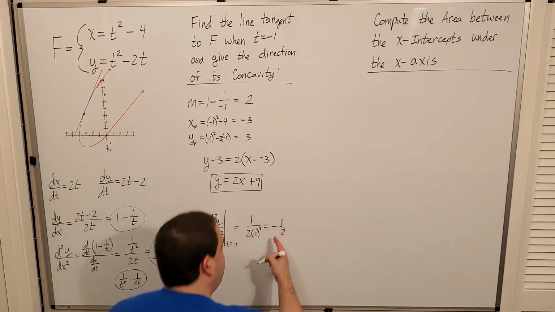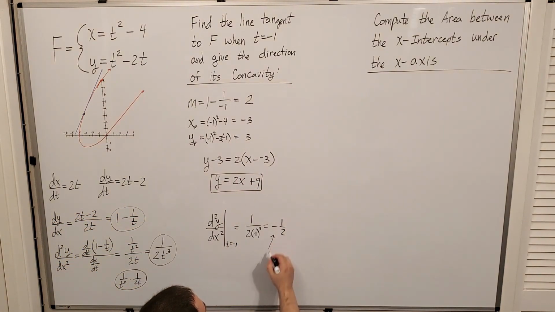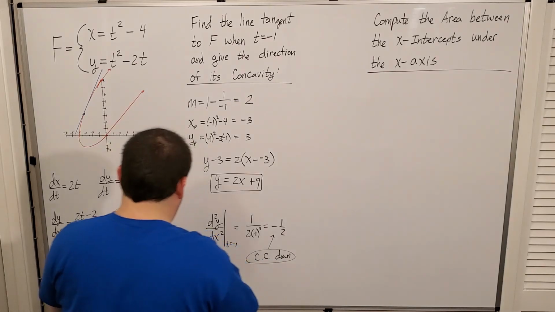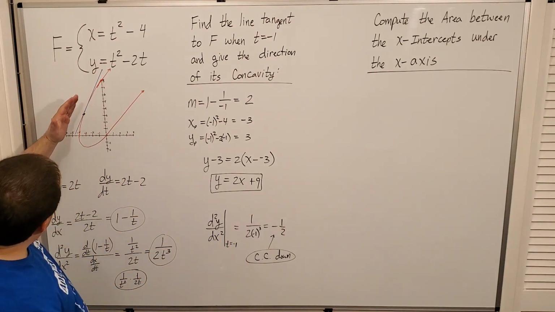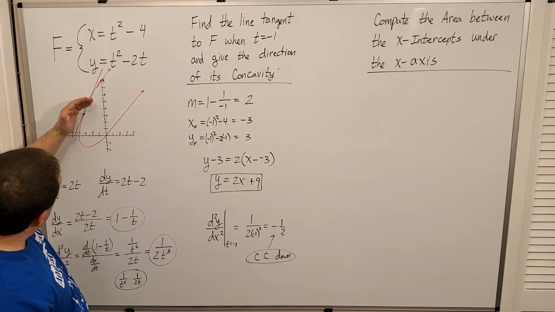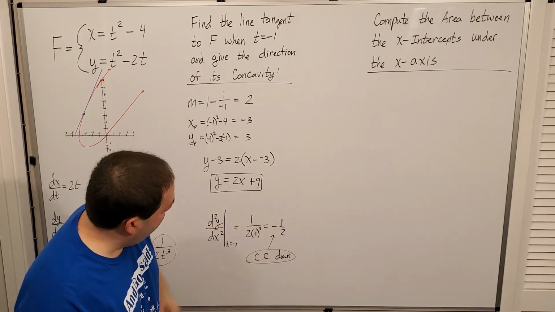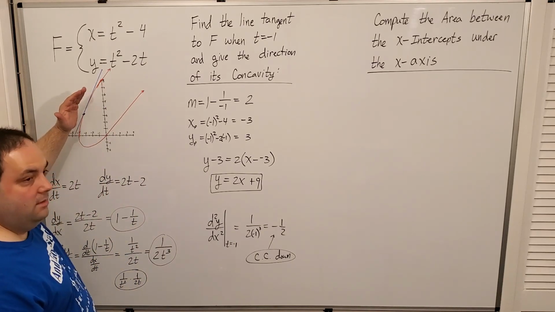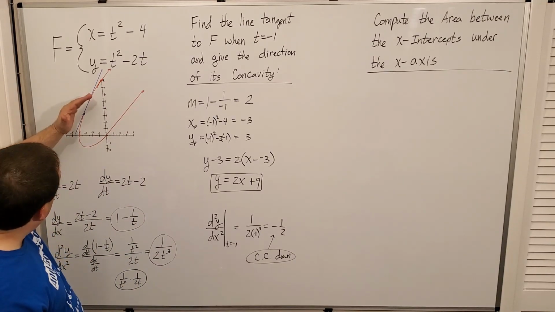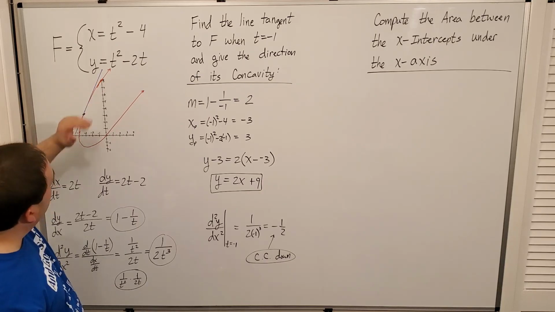And the fact that this thing is negative, right, is telling me that it's concave down. And that makes sense. Look, we're on this portion of the parabola right here. It should be concave down ever so slightly. I mean, the 1/2 is a small value, so it's not concave down a lot, but it is concave down. It's curved in that direction.